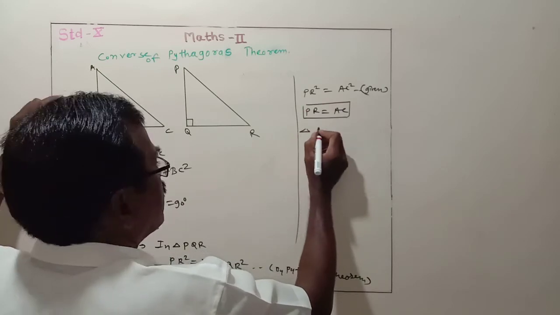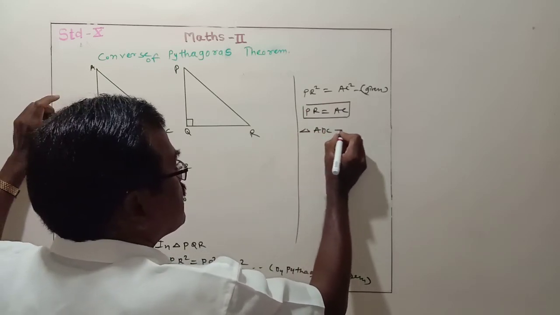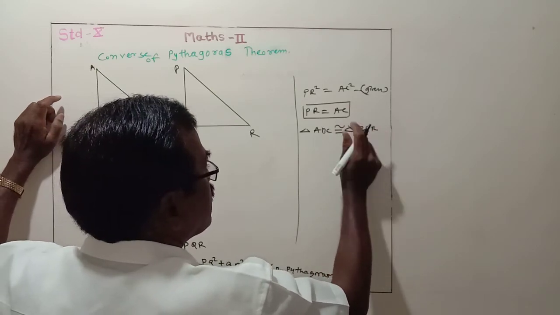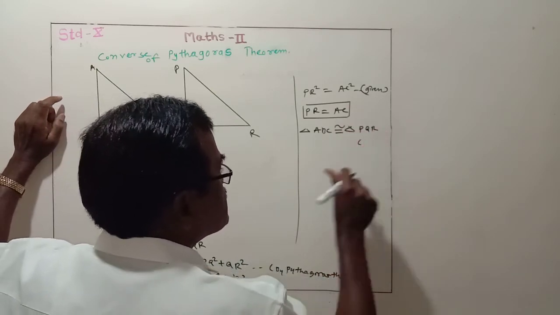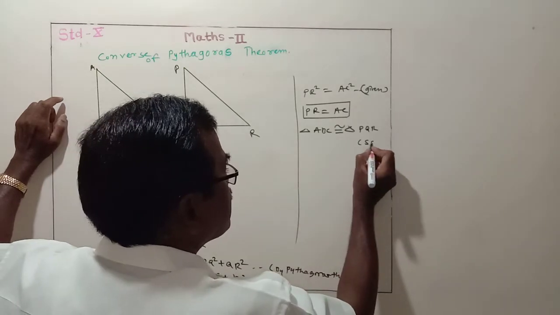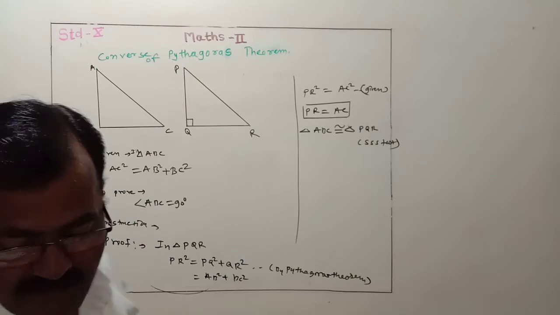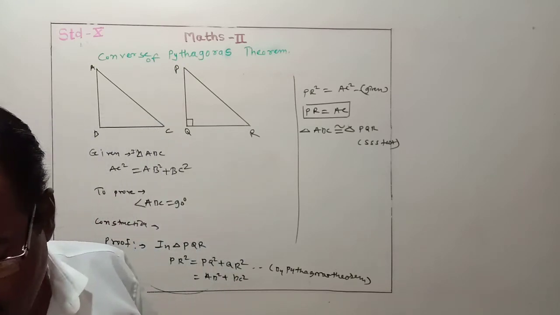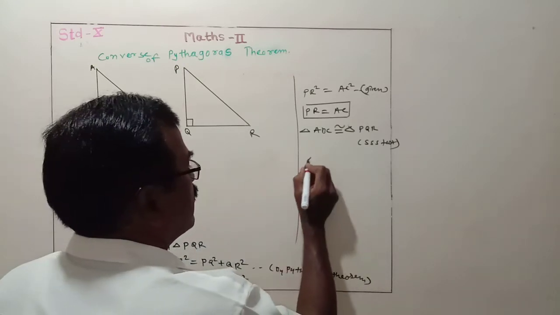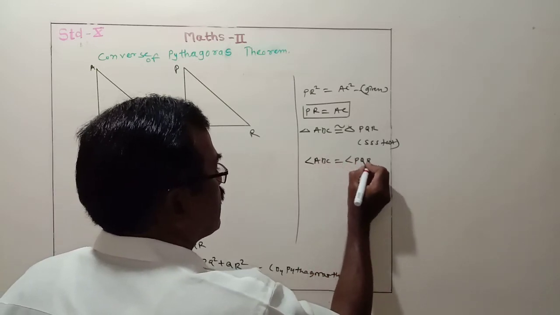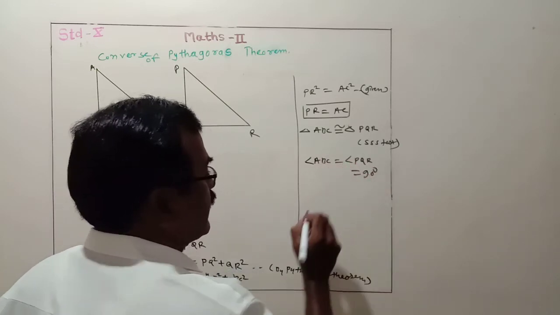Therefore, triangle ABC is congruent to triangle PQR by SSS test. Therefore, we write angle ABC is equal to angle PQR is equal to 90 degrees.